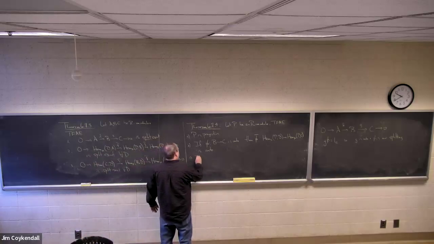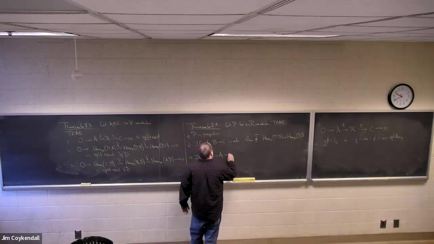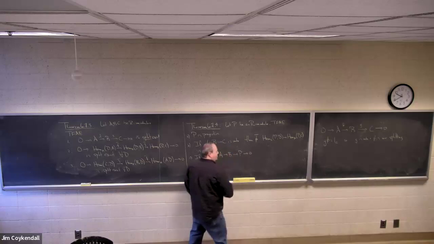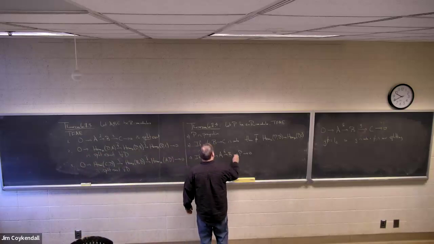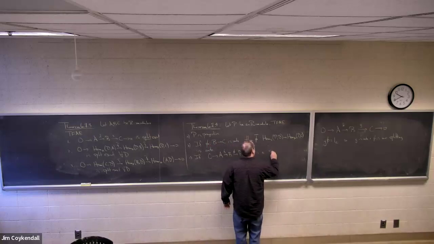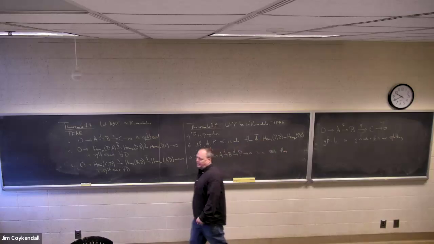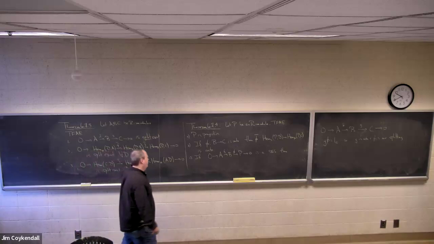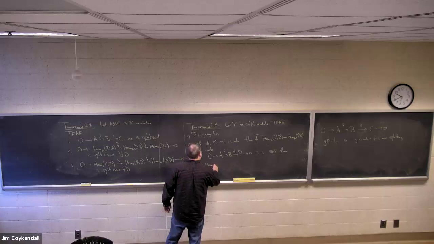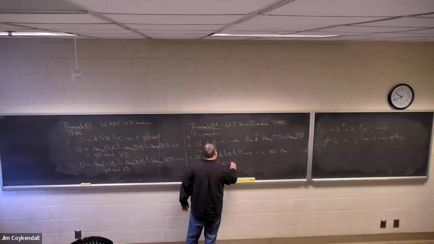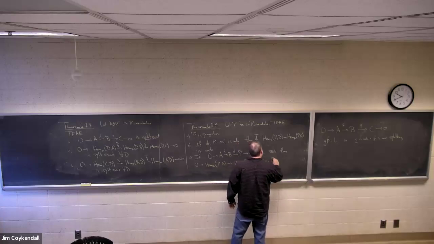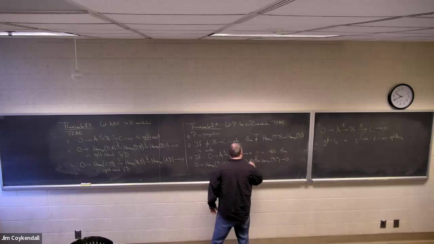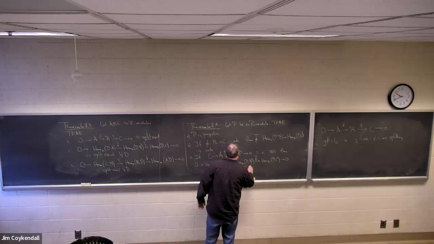If 0, A, B, P is a short exact sequence, then zero, Hom(R, A), Hom(R, B), Hom(R, P) is a short exact sequence.